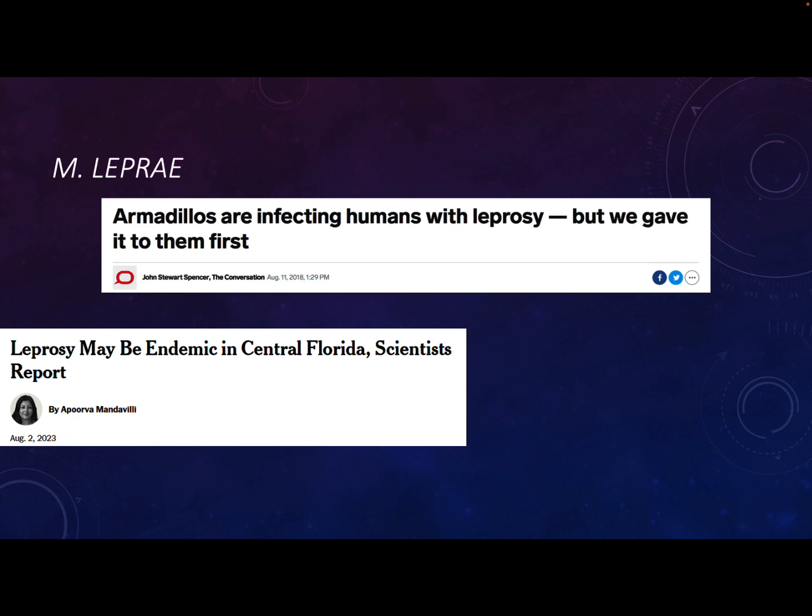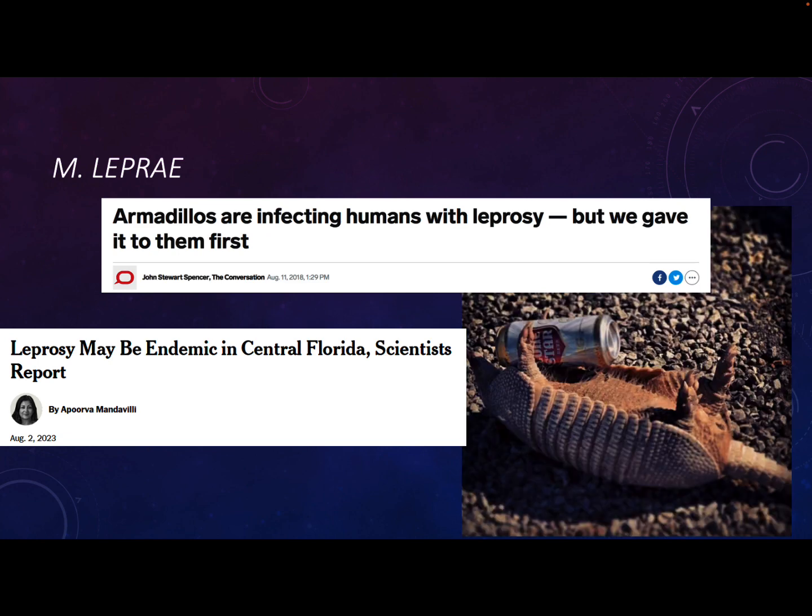When we talk about epidemiology, the term endemic means it's always present at low levels. So it's never gone. You're generally probably not going to see a big spike, but it's constantly there. So if you find yourself practicing medicine in Florida, don't, but you could have patients that have leprosy. And then this is an armadillo.